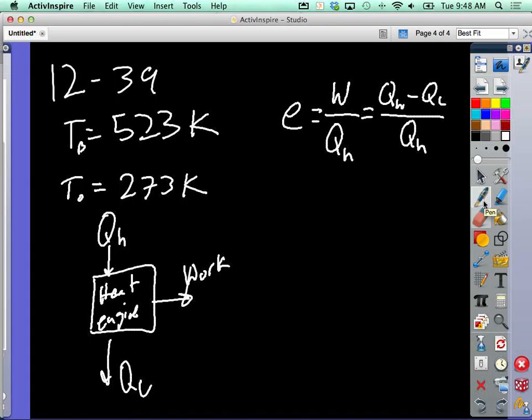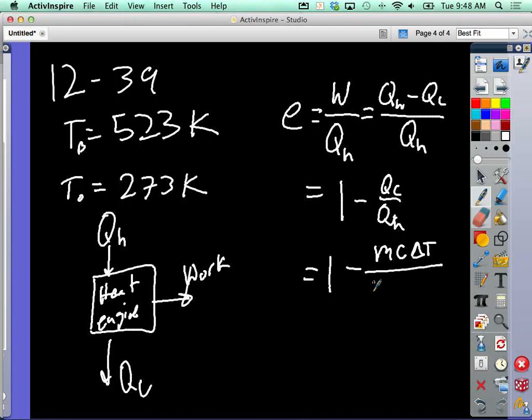Well, okay, what we can do is we can do this. If I take this and work on this equation, do you see that I get 1 minus QC over QH? Does that make sense to everyone? Okay, now walk with me here. What is Q? MC delta T, right?